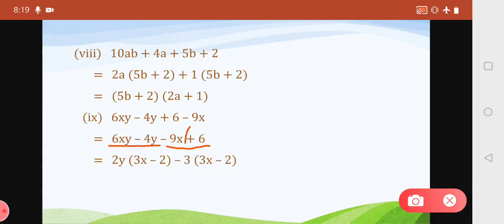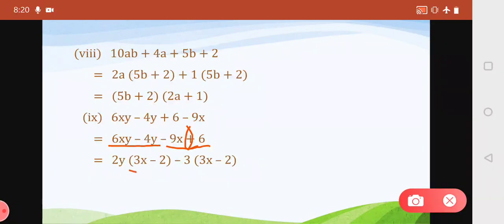Now as we take the plus sign inside the bracket, this minus will make the plus into minus. So we get 3x minus, and 3 twos are 6, so we are left with 2. For the second group we get 3 common into (3x minus 2).